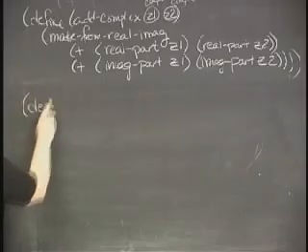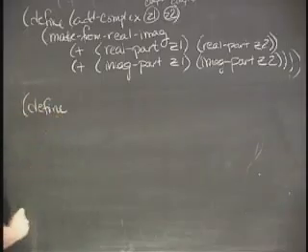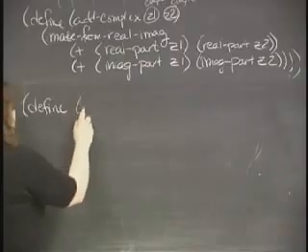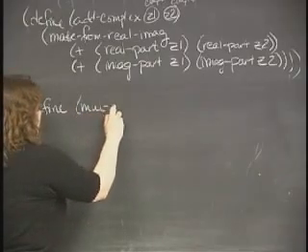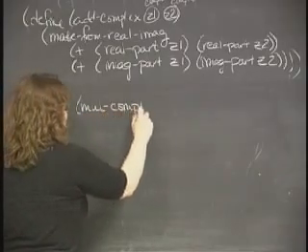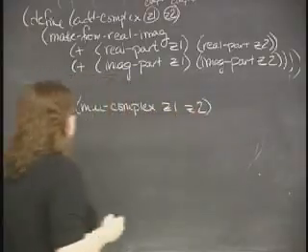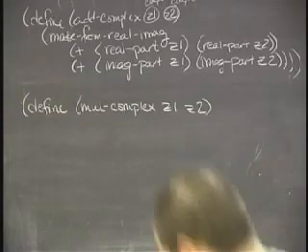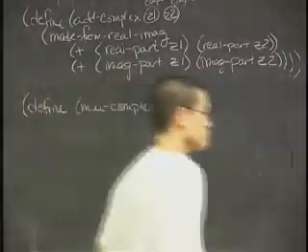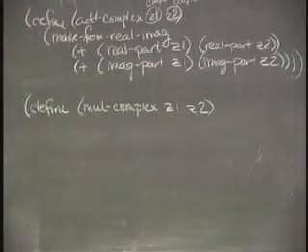Now, how would we multiply two complex numbers? And let's assume that they're in polar form. So they're going to be in this land, which means we've got these selectors and that constructor.